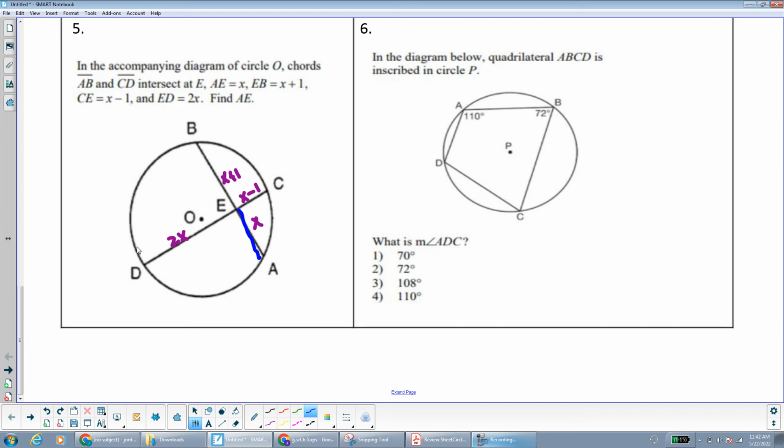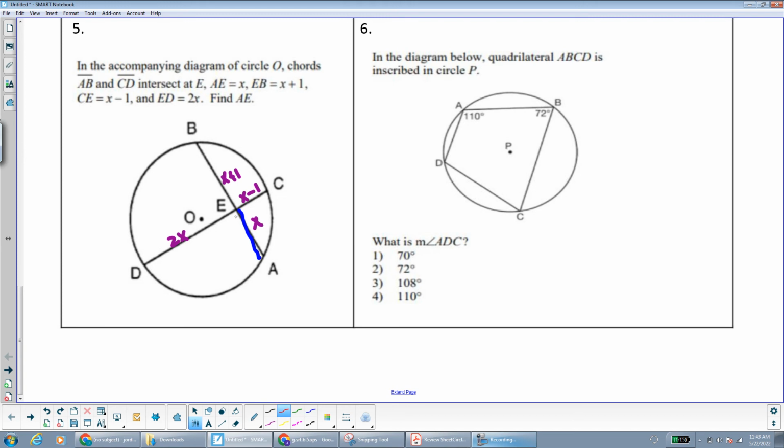So instead, what we're going to do here is use our rule for intersecting chords, finding the measurements of the segments. And that is part of one chord times the other part is equal to part of one chord times the other part. So the product of the parts of the chords should be equal to each other. Let's set up the equation.